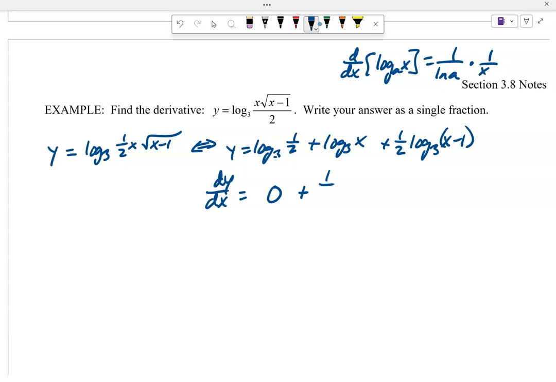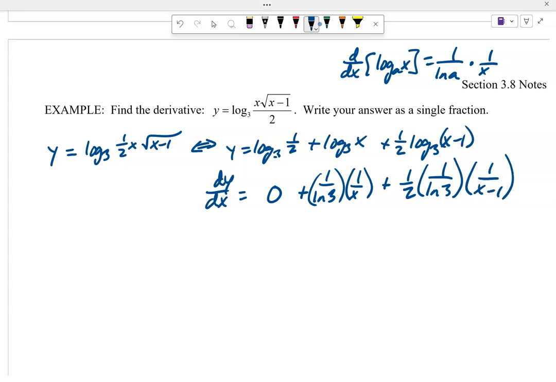So we get 1 over ln of 3 times 1 over x, plus a half constant stays there, 1 over ln of 3 times 1 over x minus 1, derivative of x minus 1 times 1. So dy/dx ends up being 1 over x ln of 3 plus 1 over 2 ln of 3 times x minus 1.